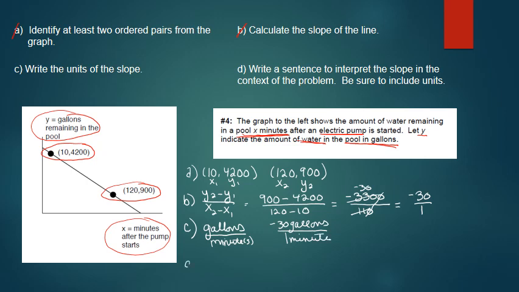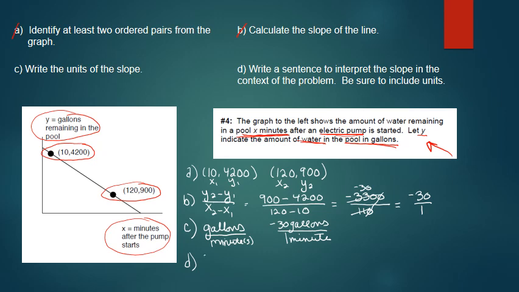So now I need to write my sentence. Okay, so again, going back to the important information I marked in here, we have an electric pump that started. We have an amount of water remaining in the pool based on X minutes after the electric pump was started. And then the unit of water that we're measuring is gallons. So my sentence is going to be something like, let's see.